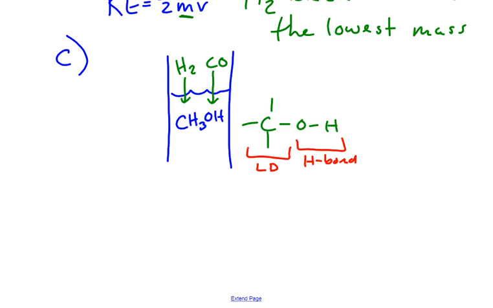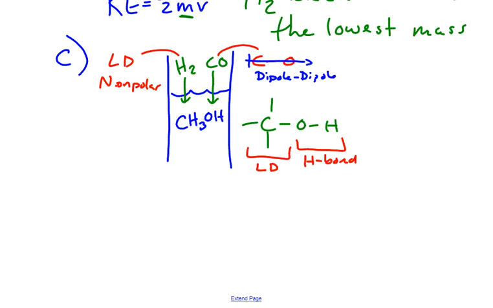And you would have to probably state something. I would say that H2 has LDs and it's nonpolar. Where this has a slight, there's a small dipole. Well, you're like, wait, dipole and hydrogen bonding are different.